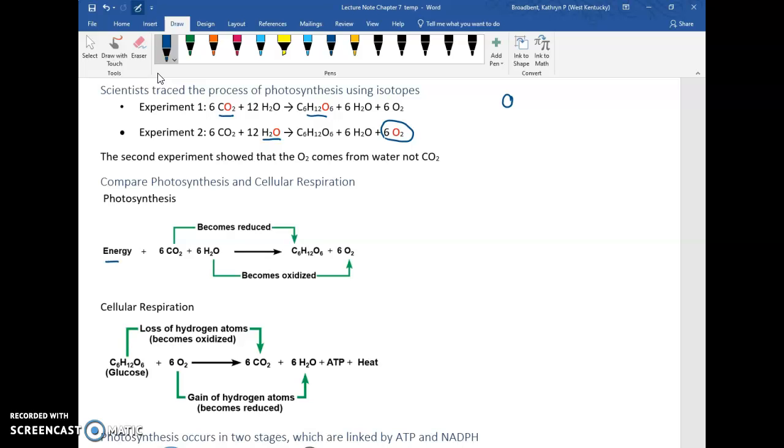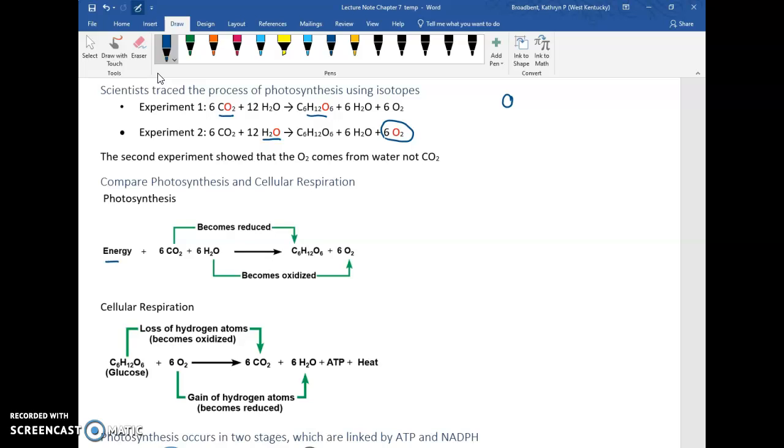If we look at cellular respiration, here the glucose, the sugar, is being oxidized back to CO2, and the oxygen is being reduced back to water.